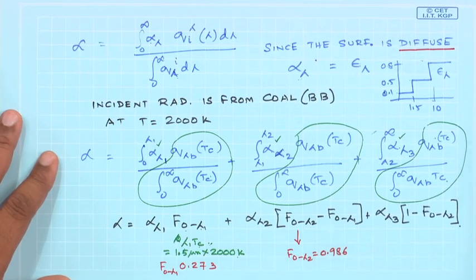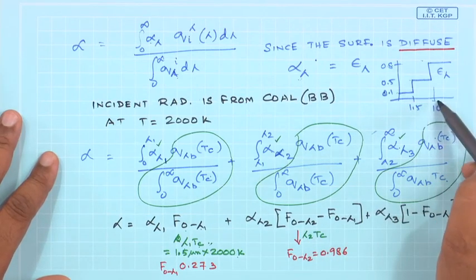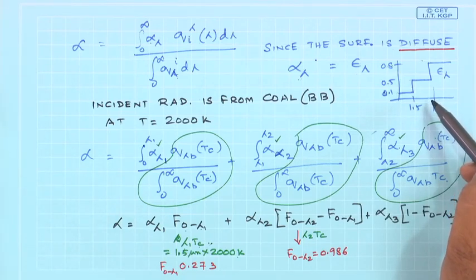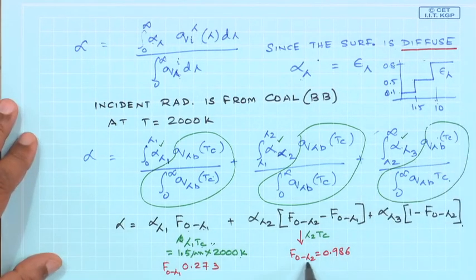0.986 and so on. Again, lambda 2 times T c, where lambda 2 is equal to 10 and T c is equal to 2000. So, you should be able to find out the value of this.